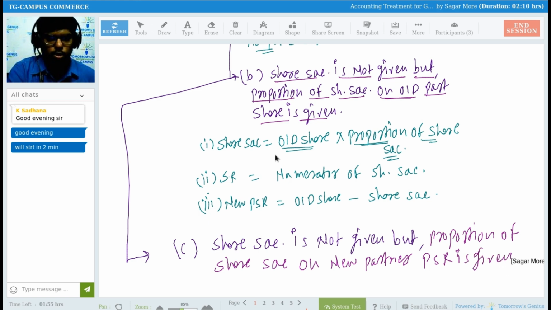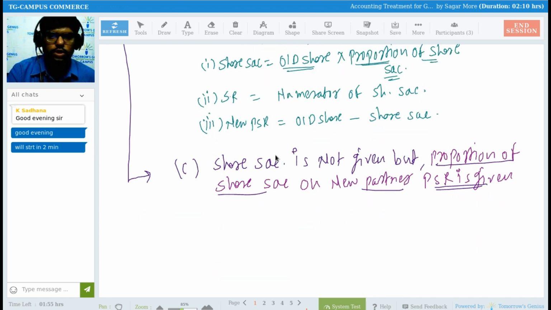What is given? Proportion on new partner profit sharing ratio is given. In the previous case, proportion on old partner profit sharing ratio was given. Now here new partner profit sharing ratio is given, right?